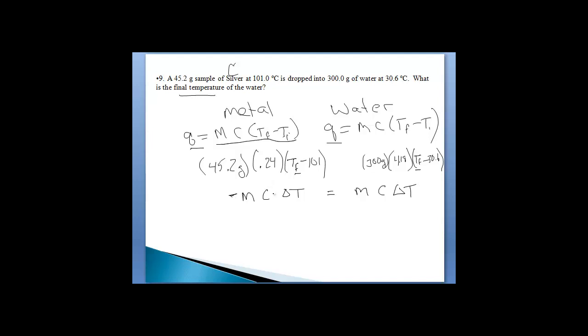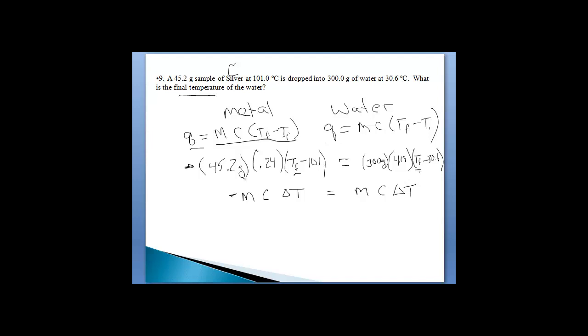If you don't really understand why we can do that, it's really not a big deal. You just have to trust me that you want to set these two equations equal to each other, put the negative sign in front of the metal, and now solve for TF.